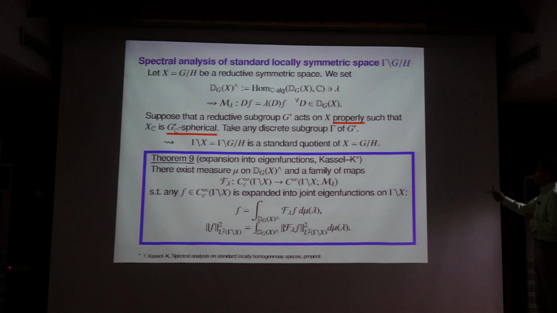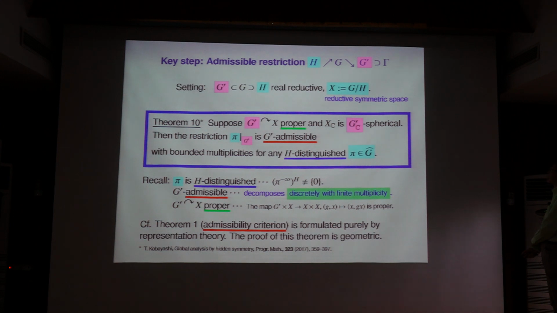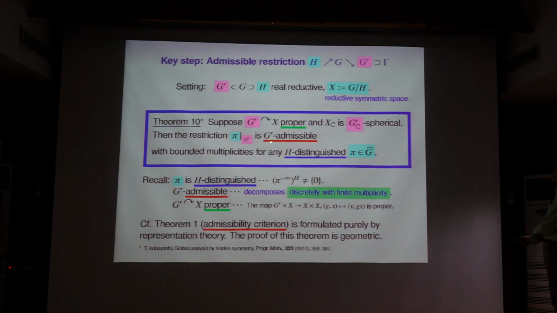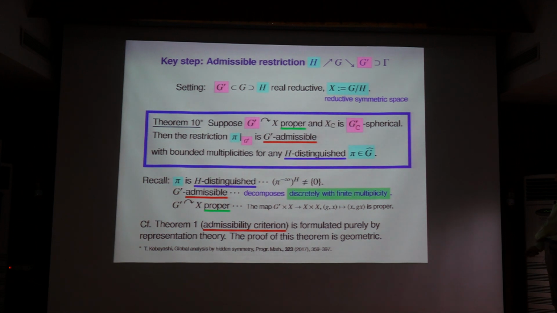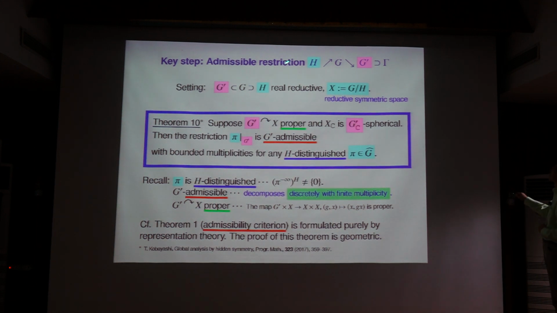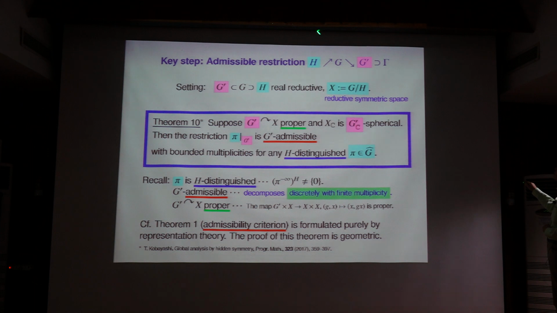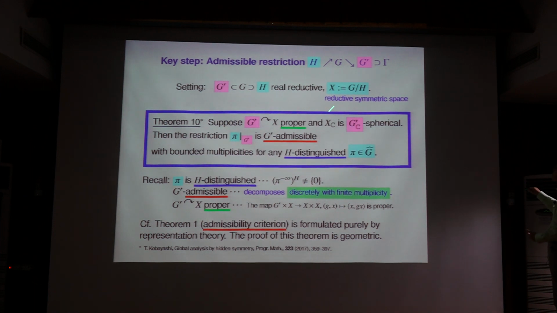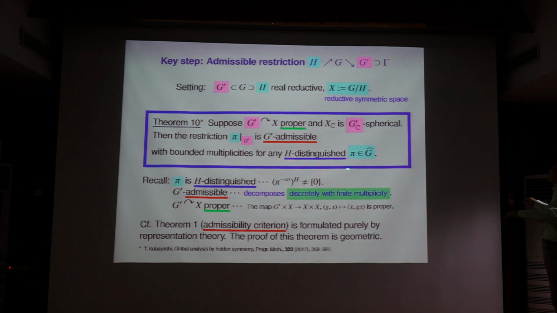And how the previous topic and this topic are connected, the idea is the following. Under the same geometric assumptions, any H-distinguished representation is Z′-admissible. So this is the theorem. In these situations, under induction and restriction, no H-distinguished representation has a continuous spectrum for Z′. But moreover, the restriction multiplicity is uniformly bounded. So this is a key lemma for the proof.